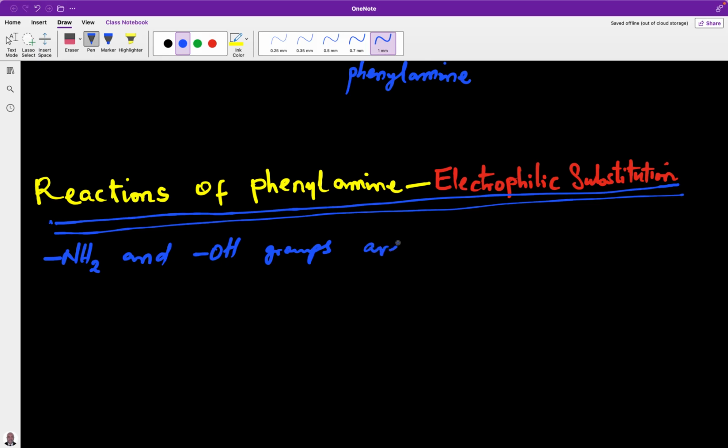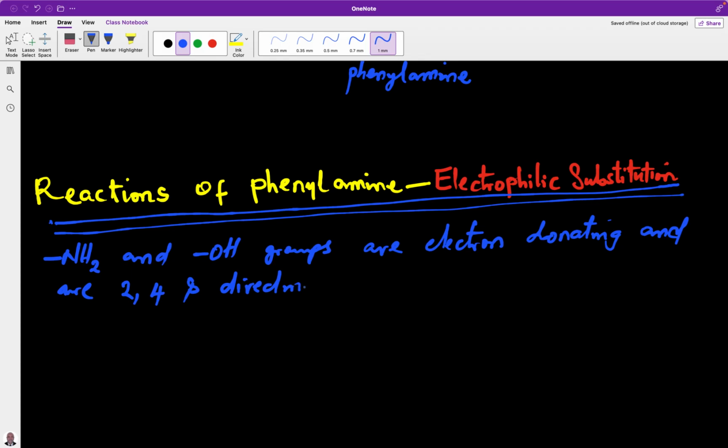They are electron donating, and they are 2, 4, and 6 directing. Sorry, let me put it clearly.